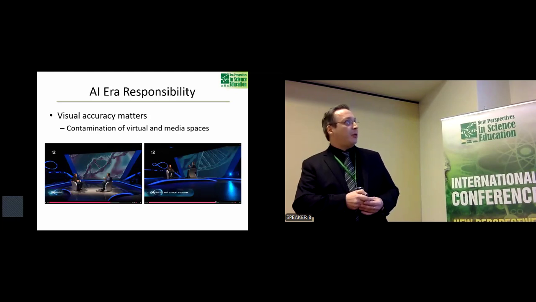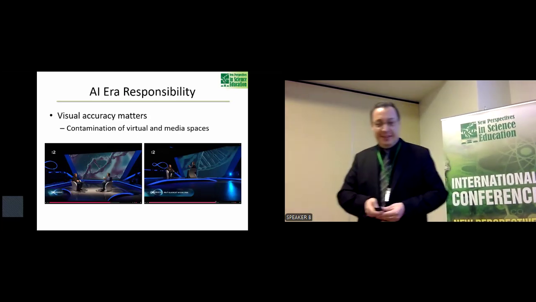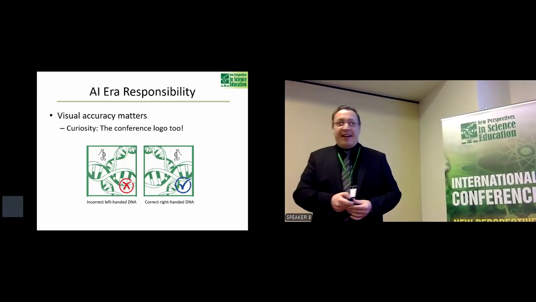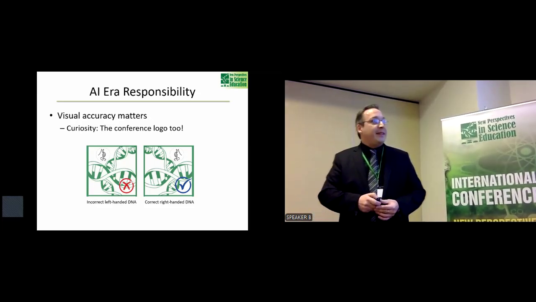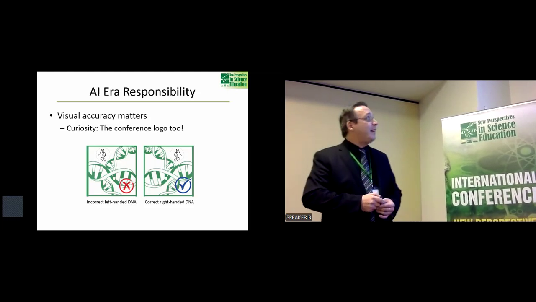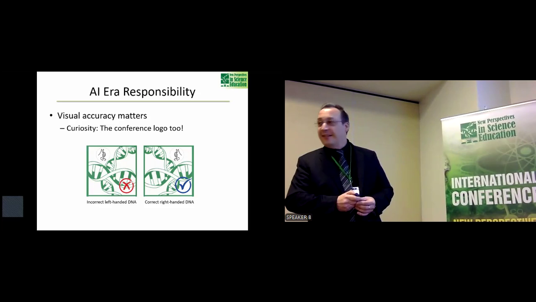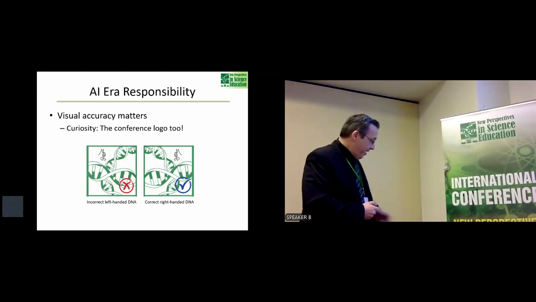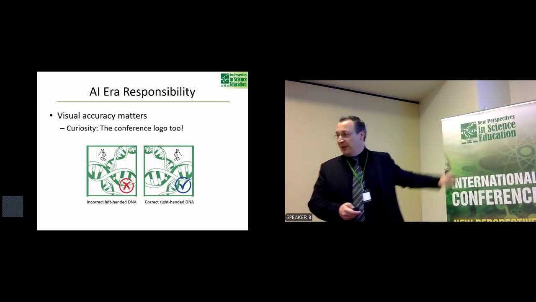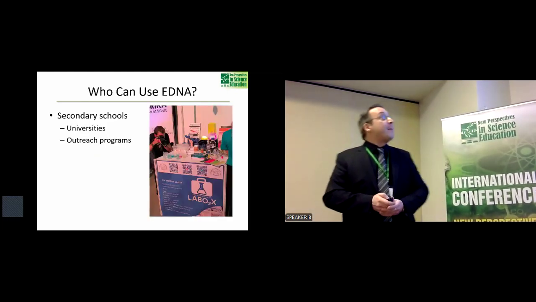All of them were wrong. And finally, when we were writing the chapter, we noticed that also the DNA on the header is left-handed. But this one is good. This one is flipped.